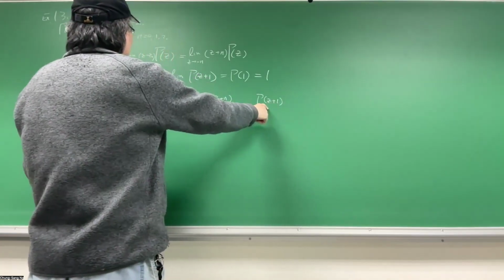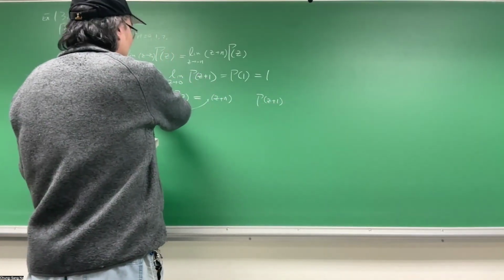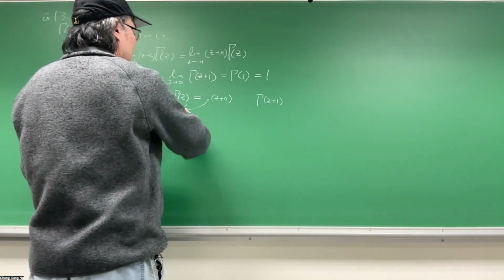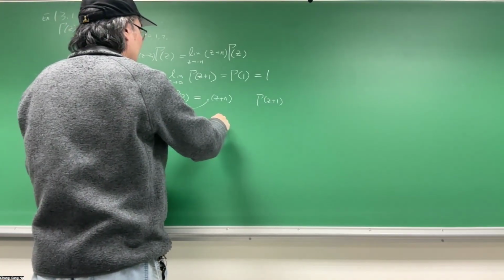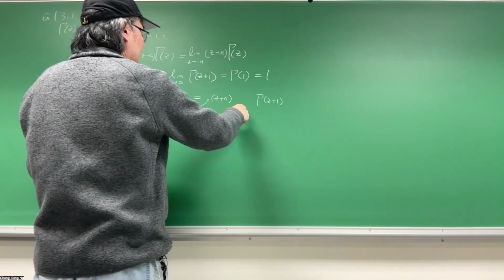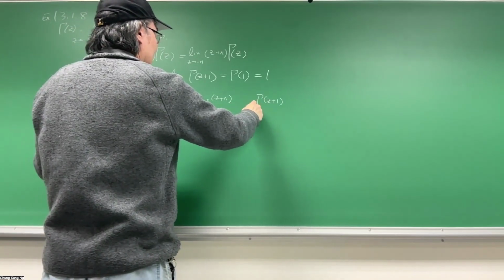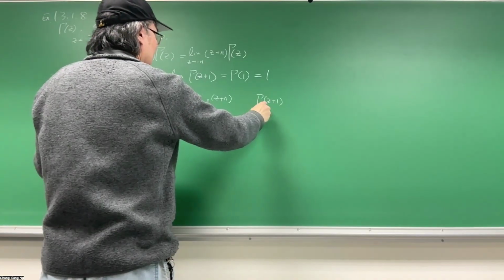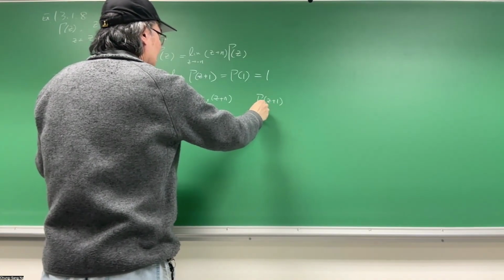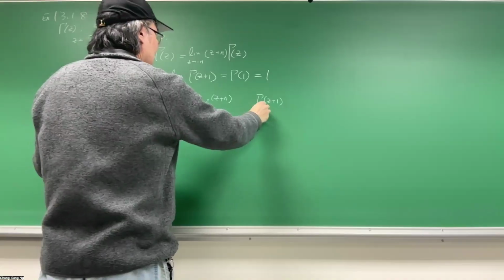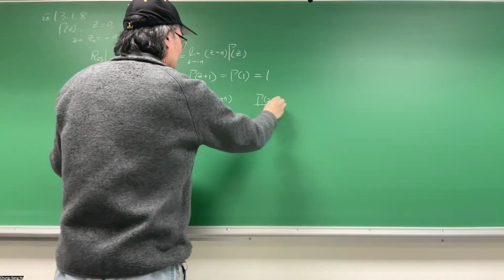So we need to divide by z. This gamma z becomes gamma z plus 1 over z.